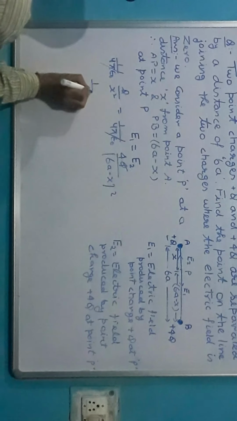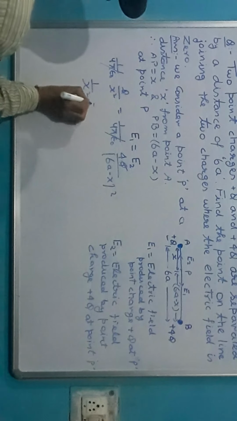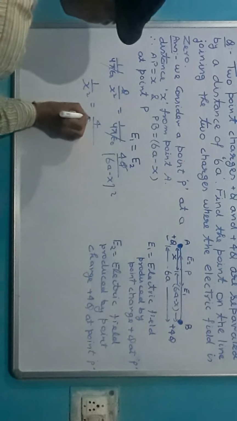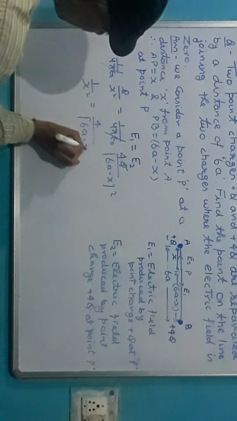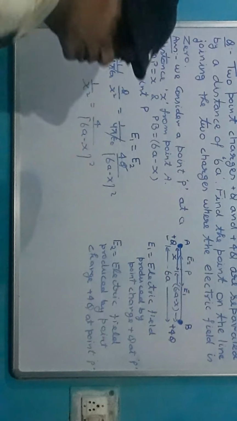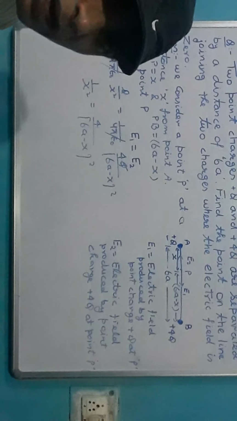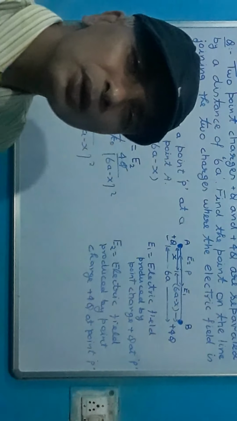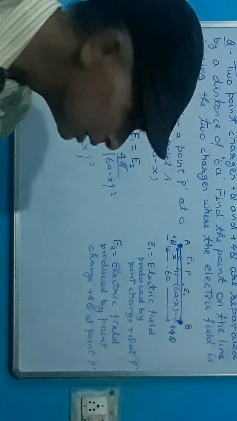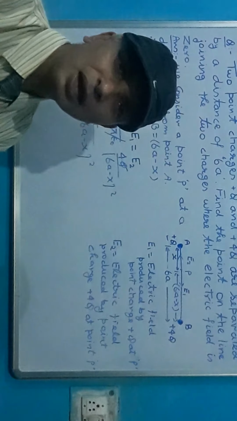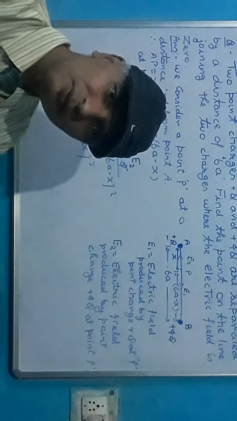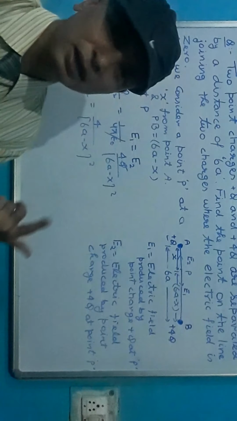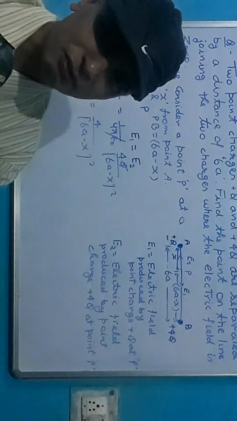So I get 1 upon x square is equal to 4 upon 6a minus x whole square. I have just equated the magnitudes produced by each point charge. From the diagram it is clear that the directions are opposite. If they act in opposite directions and their magnitudes are same, then the intensity of electric field will be 0.